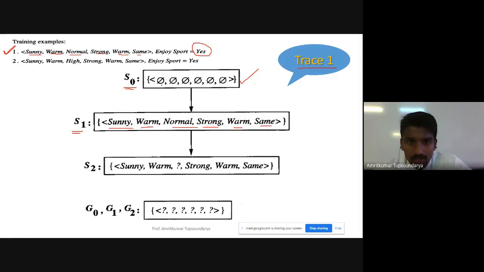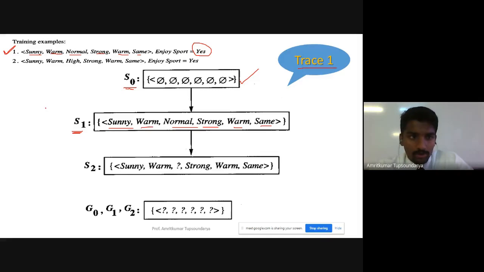What we have done is replace the ∅ values, which meant no value is accepted, which is the most specific hypothesis, with a less specific hypothesis S1, which currently has the values from the first training example. So sunny, warm, normal, strong, warm, same is replaced as the first specific hypothesis.